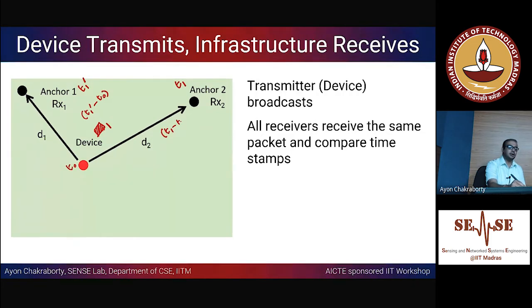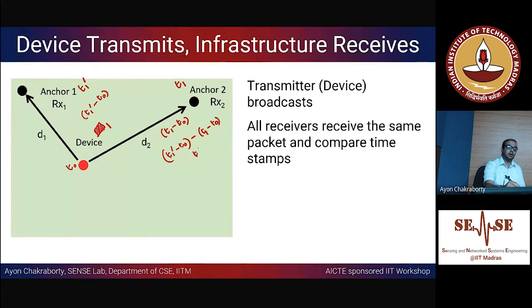t1 minus t0. So what the anchors do among themselves is subtract these two numbers: t1 prime minus t0 minus t1 minus t0. What will this become?